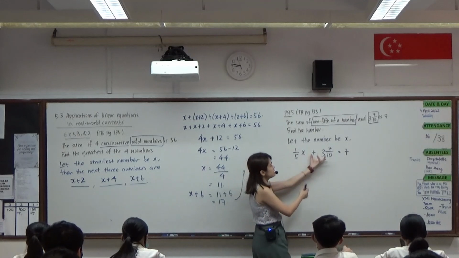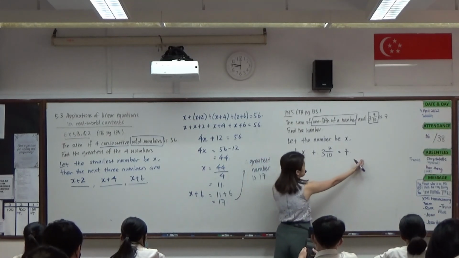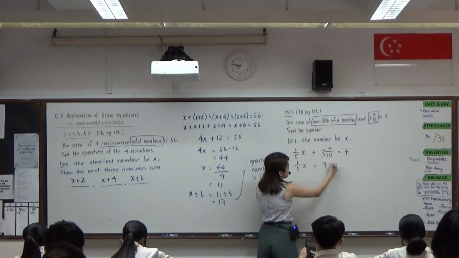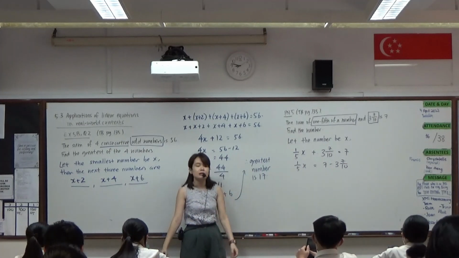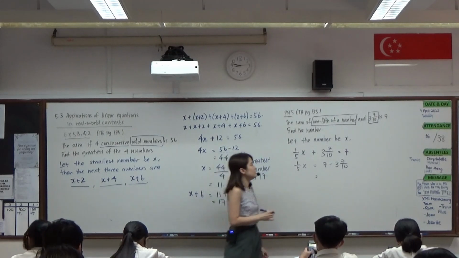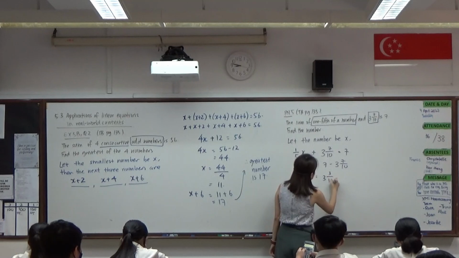This is just a number. When solving, x stays and numbers move to the other side. 1 over 5x equals 7 minus 3 and 7 over 10. Please use a calculator, no need to make life so difficult for yourself. You will get 3 and 3 over 10.